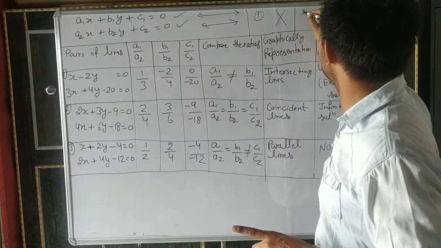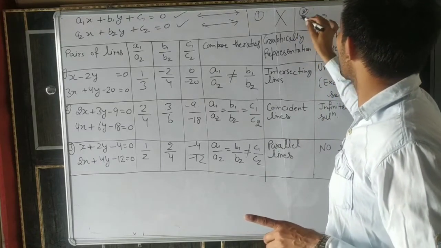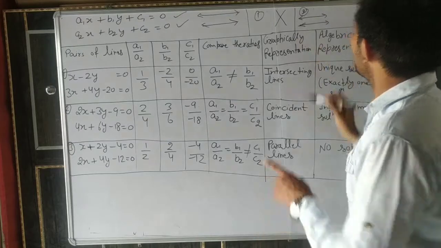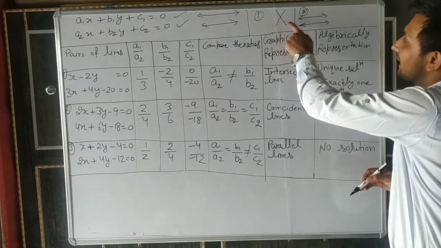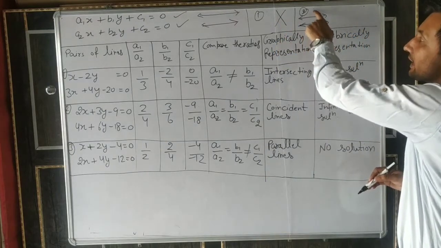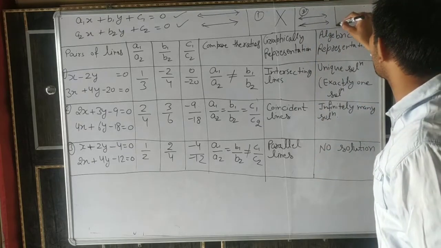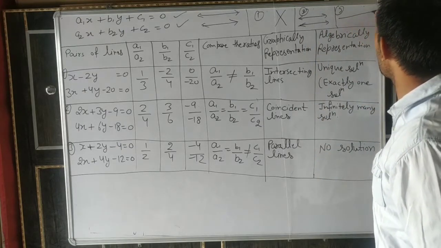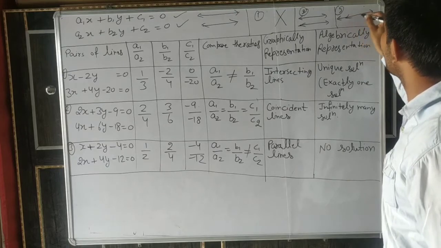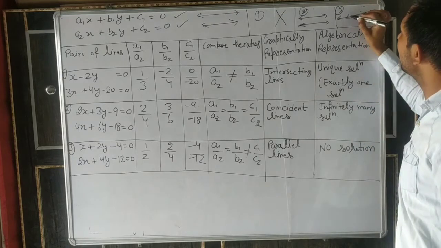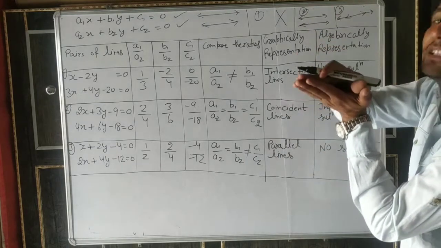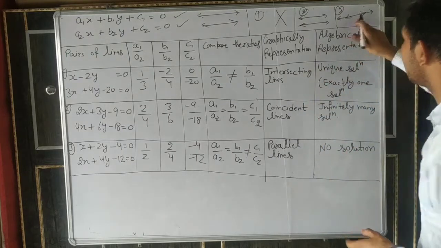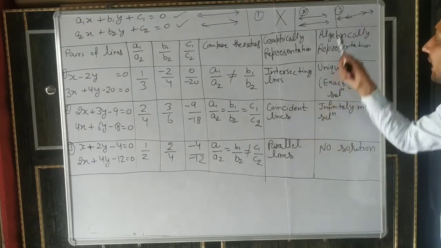Second, maybe they never intersect. If they intersect, they are intersecting lines. If they never cut each other, they are parallel lines. And the third possibility is that one line is on the other line. It means both lines lie on each other, which is called coincident lines.